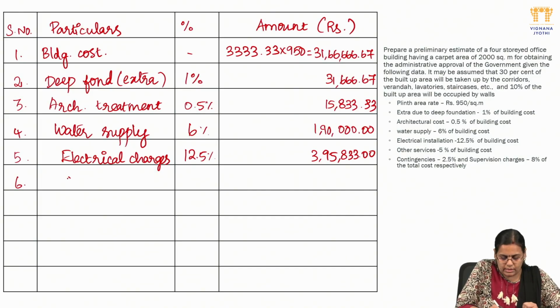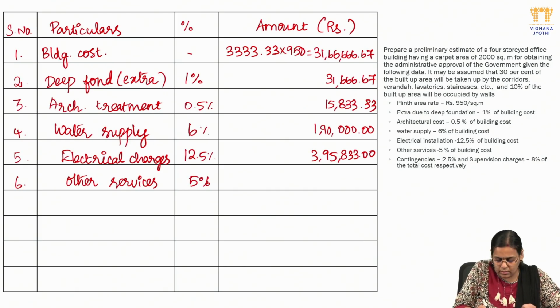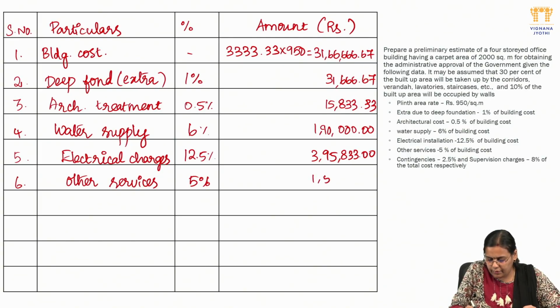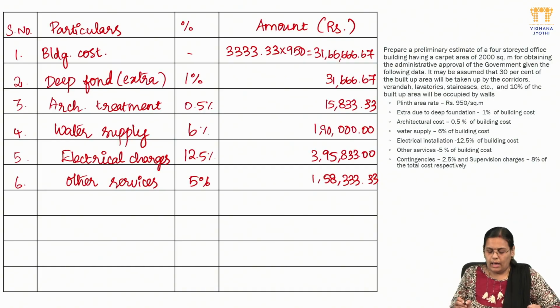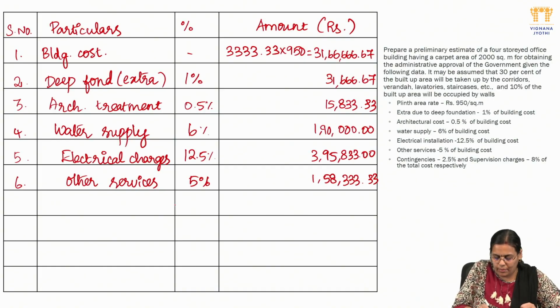And the next one is other services. So other services were around 5%. So 5% of your building cost would be 1,58,333. Right? Now what we need to do, as I mentioned in the previous problem, you have to calculate the subtotal.